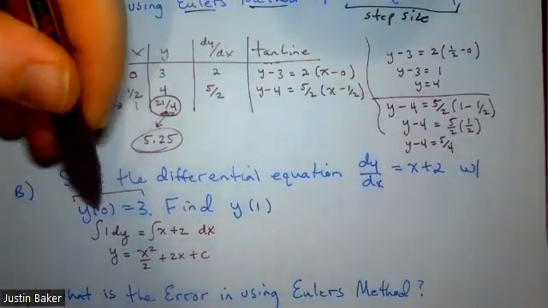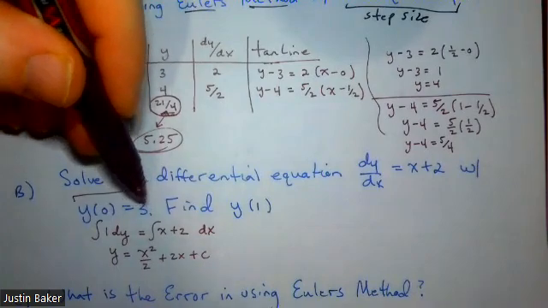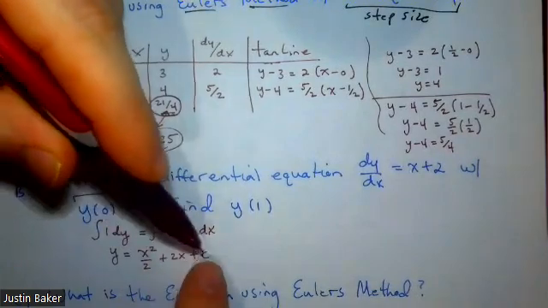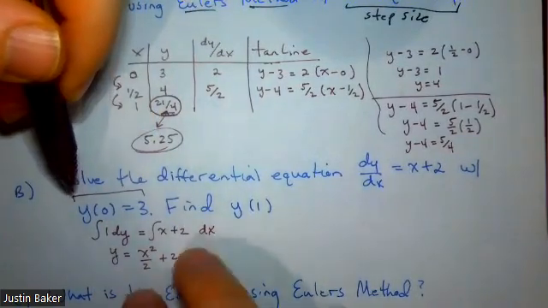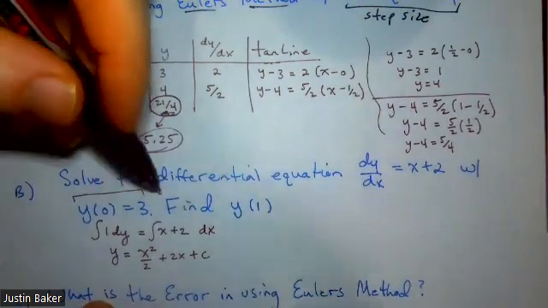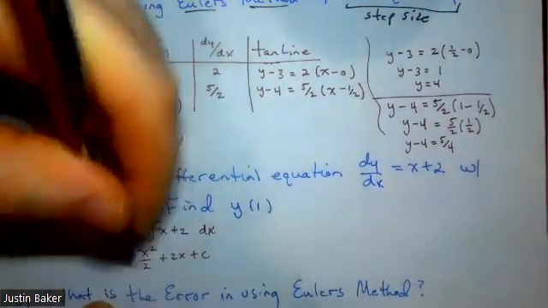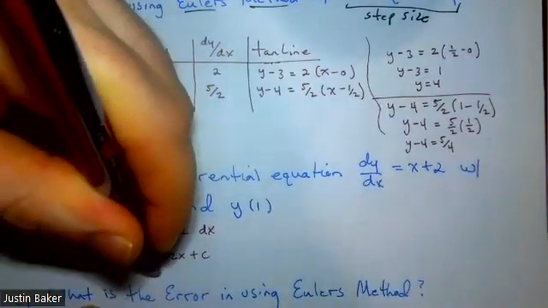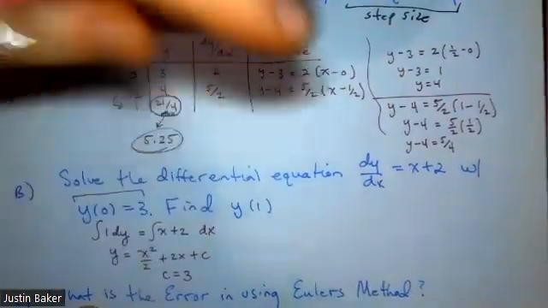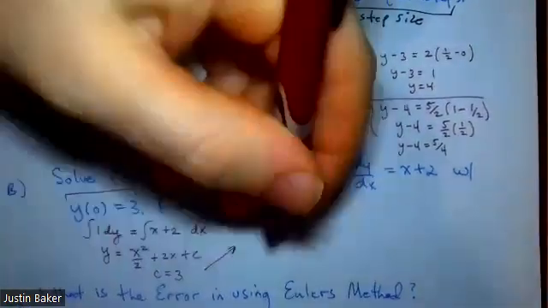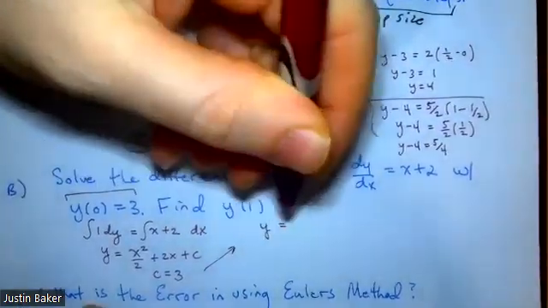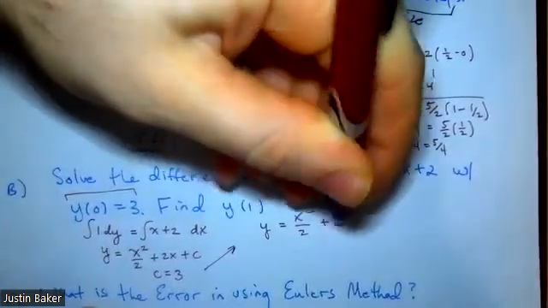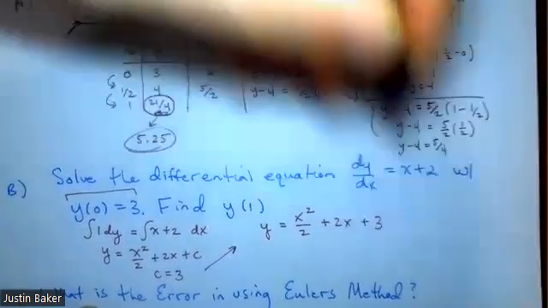If I plug in 0, I should get 3, which means c has to be equal to 3, because if I plug in 0 and the result's 3, these both disappear. Knowing that c is equal to 3, what does that make our equation? y is equal to x squared over 2 plus 2x plus 3.